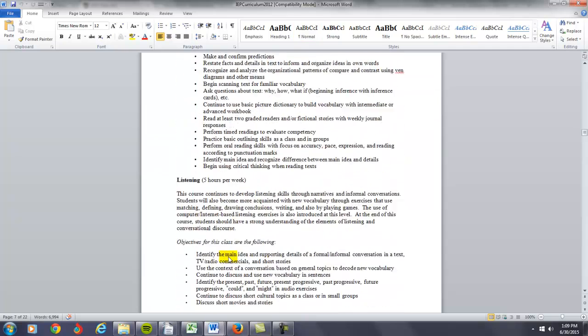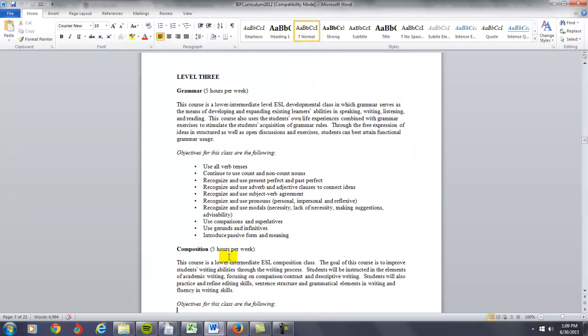Level 3, we actually have recognize and use modals, necessity, lack of necessity, making suggestion, advisability. So in Level 3, it's a full-blown, really thorough discussion of modals. And even in Level 3, introduce passive form and meaning. So passive voice is also introduced in Level 3.